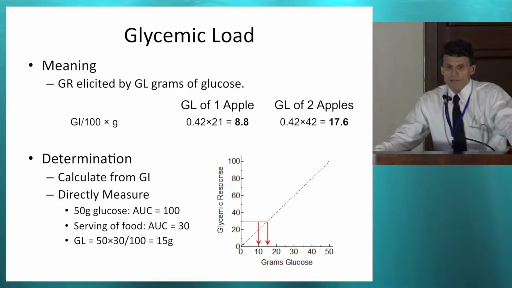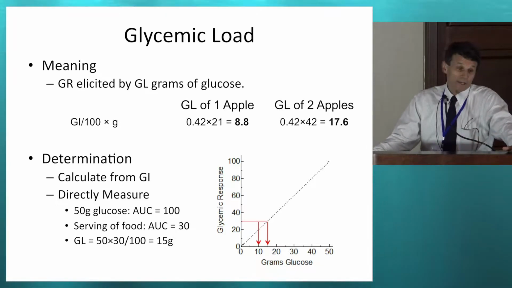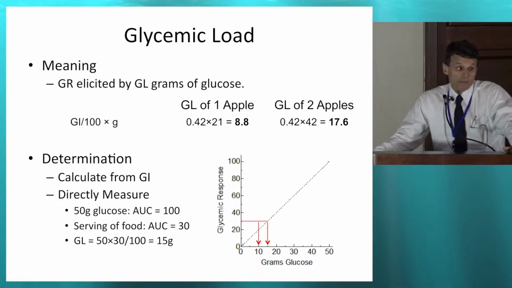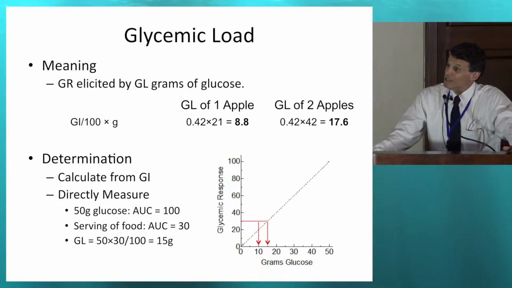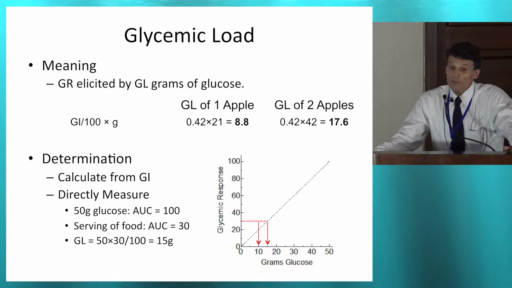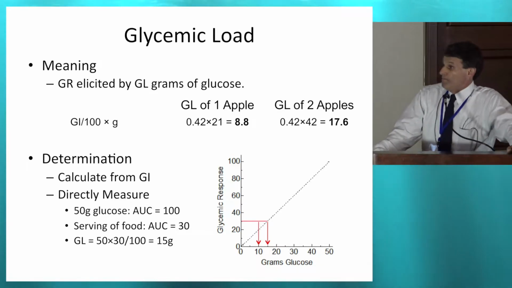So there are 2 ways you can reduce the glycemic load. The easiest way is to eat less carbohydrate. However, the actual original meaning, and the way the Harvard group talks about it, is that it's adjusted for energy. So it's the glycemic load per 1,000 calories. And in this case, the glycemic load of these 2 servings of apples is the same. So I think we've got to work on that.